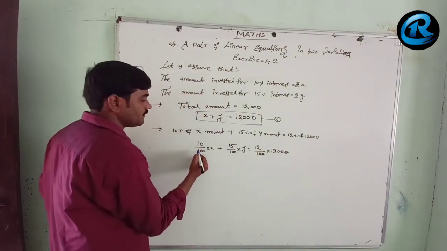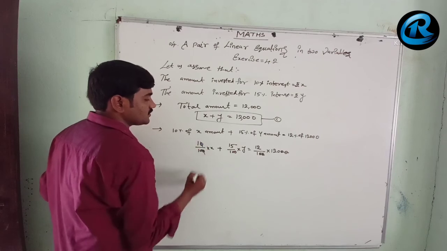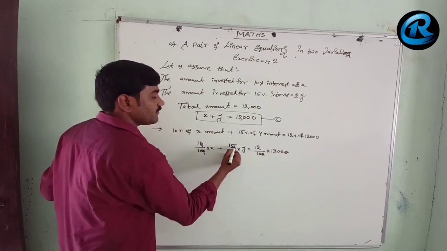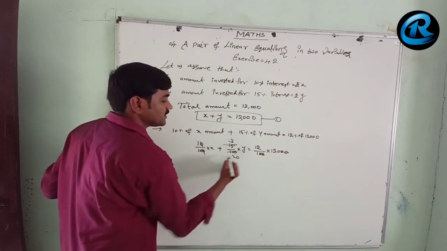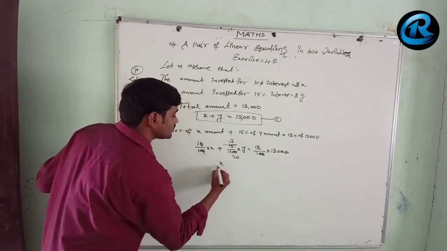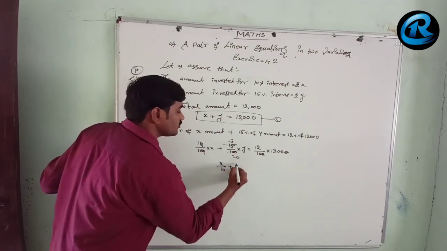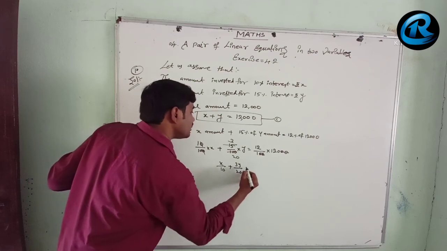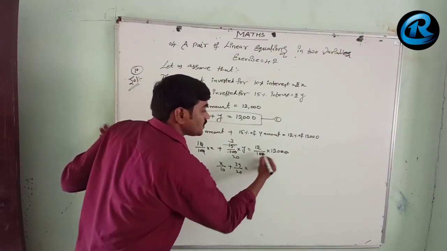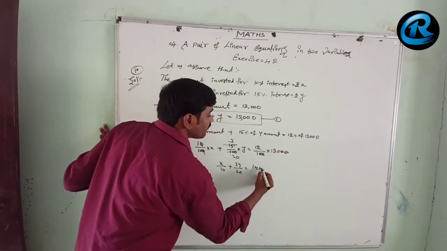The two zeros get cancelled here. Then 5 3s are 15, 5 20s are 100. So X by 10 plus 3Y by 20 equals 12 12s are 144.